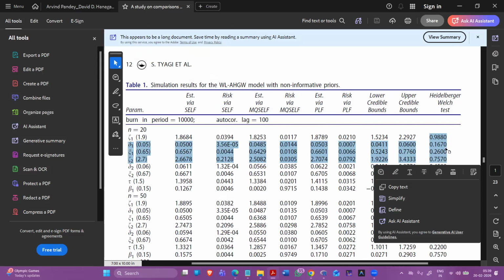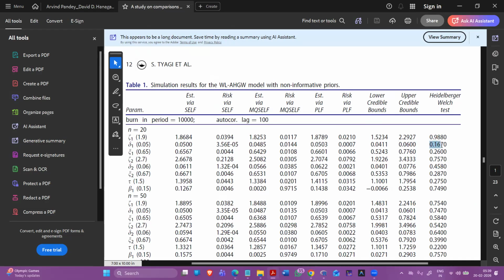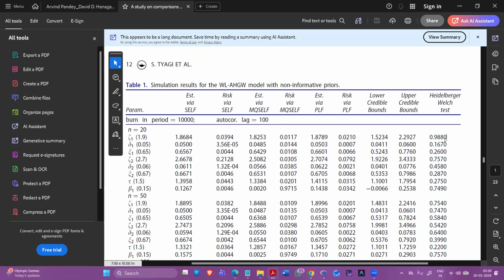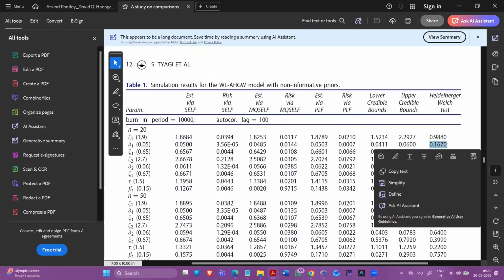Okay. But if it is greater than 0.05, it should be around 0.7 for perfect convergence. Like that, if you just see here, I am having the value 0.167. It is converged, but not the perfect convergence I didn't get here. All right, so this is for the second parameter, delta 1.